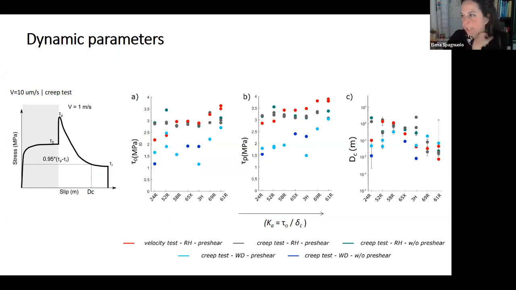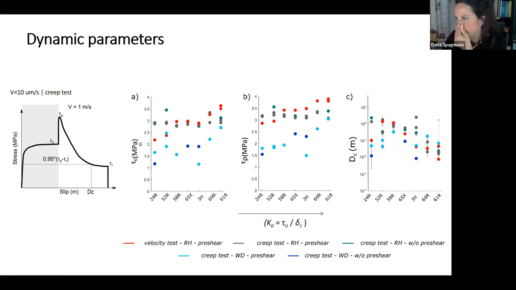I know that this picture is a little bit busy, but I think there is important information to show. So in red, we have the result from the velocity test. In gray and in green, we have the result from the creep test under room humidity condition. And in cyan and in blue, we have the result of the creep test under water condition. So we put all the results of these experiments together.